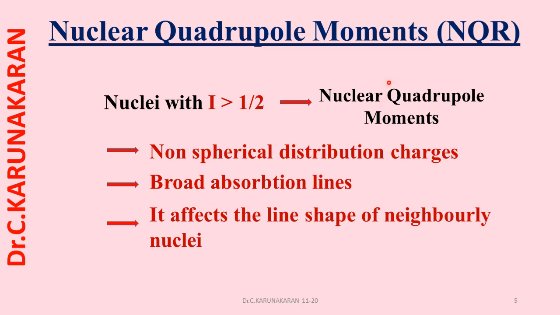The interaction of nuclear quadrupole moments and nuclear spin magnetic moments also affects the line shape of neighboring nuclei. It is further dealt with separately in NQR spectroscopy.